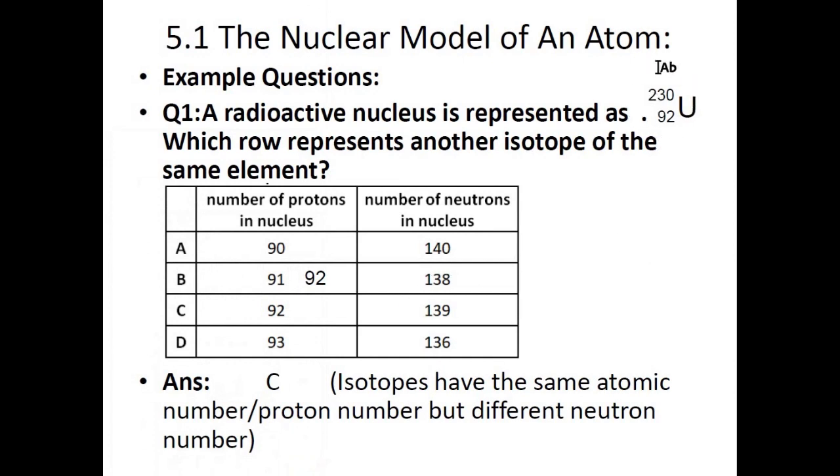Now if the original atom has 138 neutrons, then that means it cannot be an isotope. An isotope will have a different number of neutrons than the original atom. So this C, with proton number 92 and neutron number 139, which is different from the original atom, would be our correct answer.